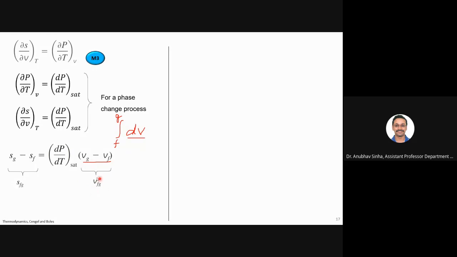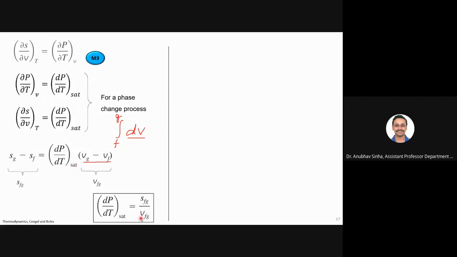So this is given as a separate column, and this is called Vfg. Go back to the tables and you can confirm that. So now, instead of writing this, I can write Sfg and Vfg. So this relation becomes dP by dT saturation is equal to Sfg divided by Vfg.